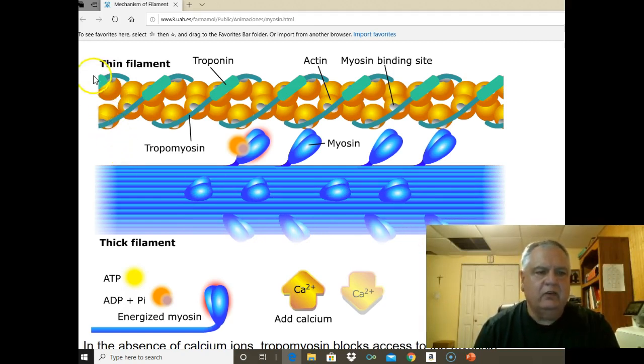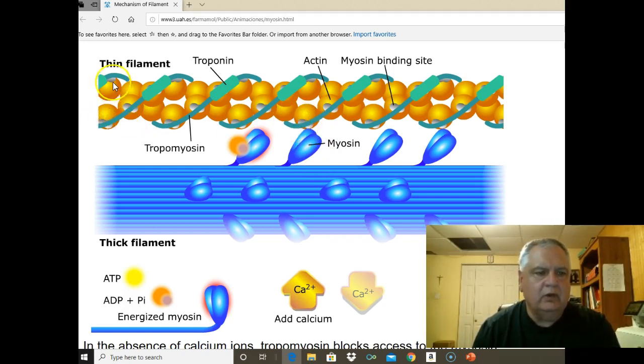Here, this is the thin filament, actin. Actin is comprised of these gold spheres right here. And we'll notice that these gold spheres have little indentations on them. These indentations are active sites where myosin heads could link onto and bind with the actin.